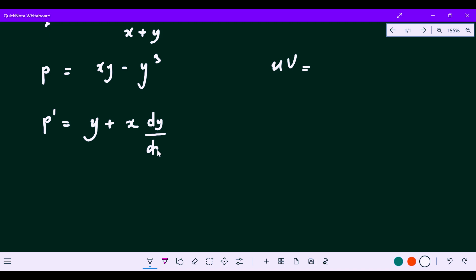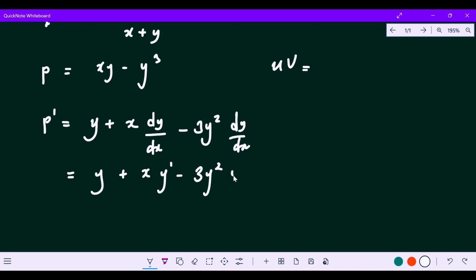So this is just dy dx, minus the derivative of y cubed, which is simply equal to 3y squared, but don't forget dy dx. So this is what we have. Remember that dy dx, I'm representing by y prime. So this becomes y plus x y prime minus 3y squared y prime.